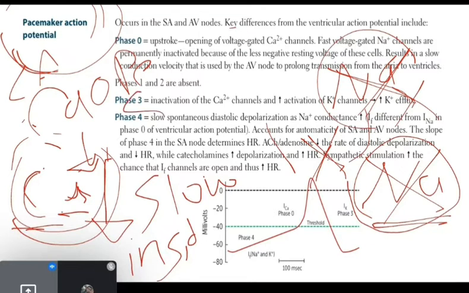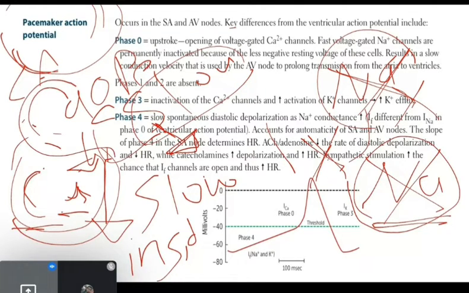We want a slow signal, which is caused by the calcium channels, because we want to fill the ventricles with blood before contraction. That's why we need a slow signal, and if we want a slow signal, we will use calcium channels. Okay, this is the point.